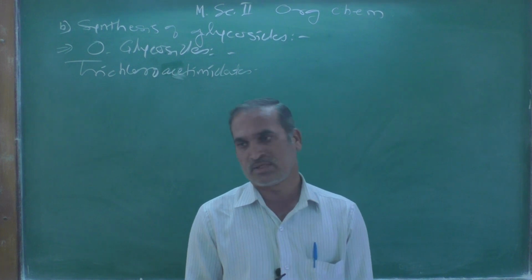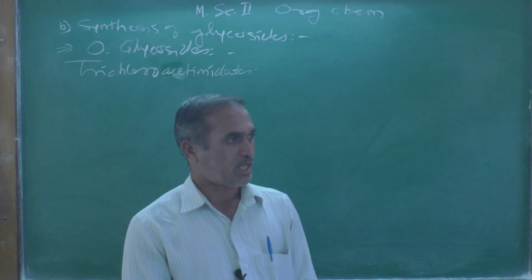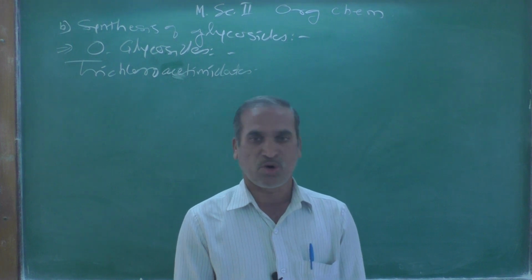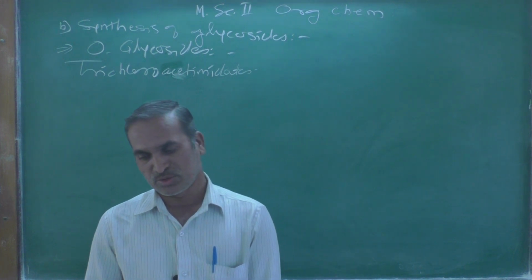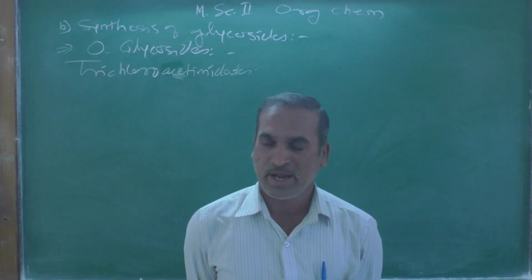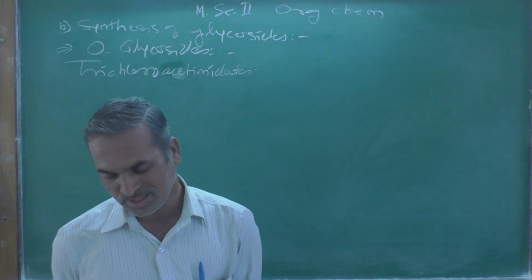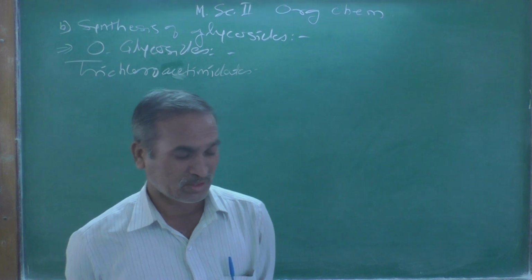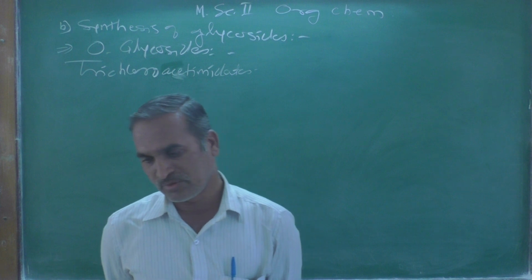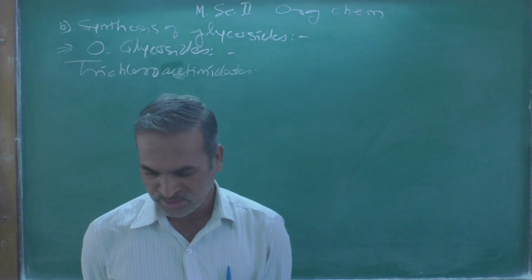If those symmetries are absent, then that compound is definitely optically active in nature, so it can rotate the plane of polarization either to the right hand side or left hand side. This is an experimental quantity, a physical property of that organic compound, which we can measure.